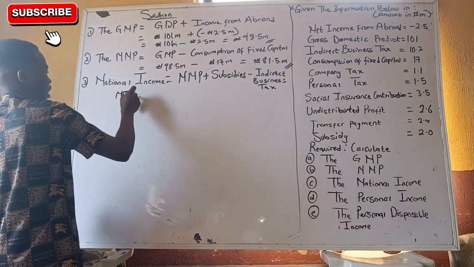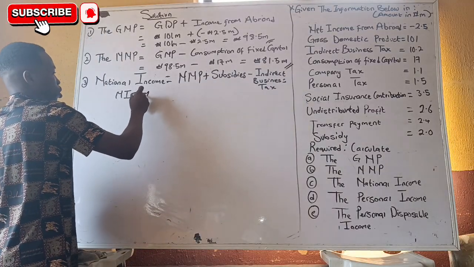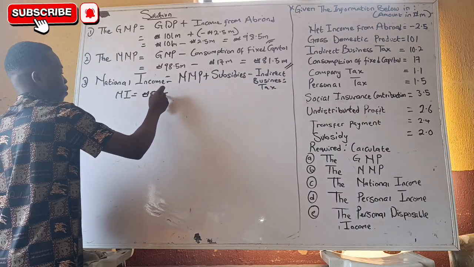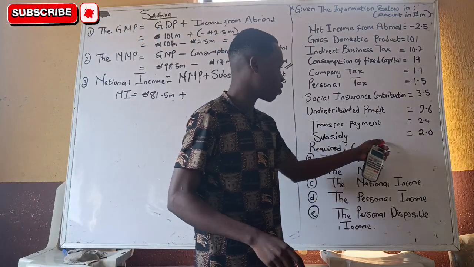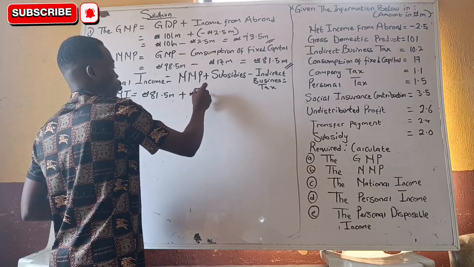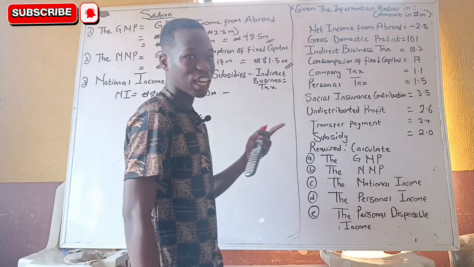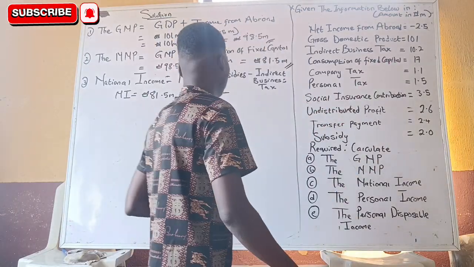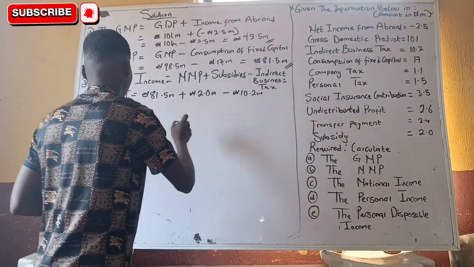You can write this as NI is equal to the value for our net national product, that's 81.5m, plus subsidies. We are given subsidy to be naira 2.0 million, which is 2 million. Then minus the indirect business tax, that is naira 10.2 million.